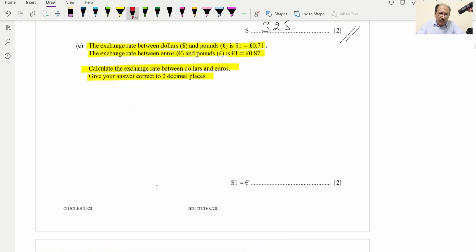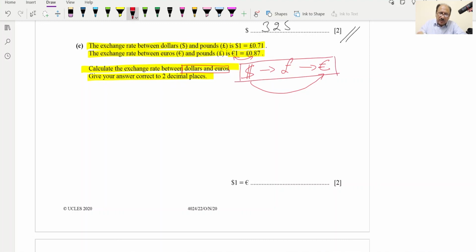They have provided conversion from dollar to pound, and from euro to pound, which we can shift, so it will be pound to euro. Finally we will get the conversion from dollar to euro, which is required in the question.